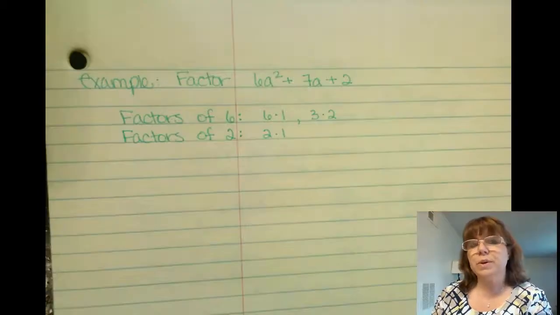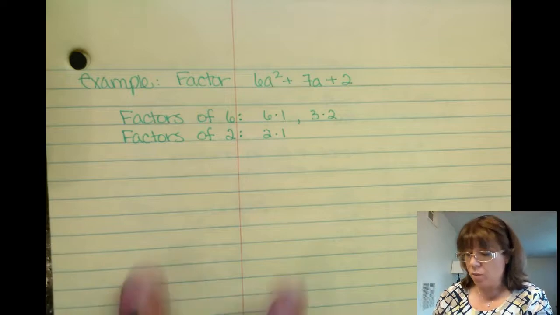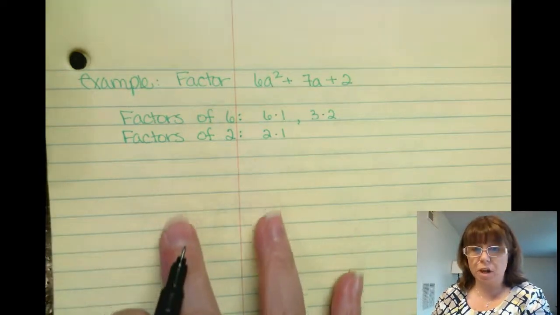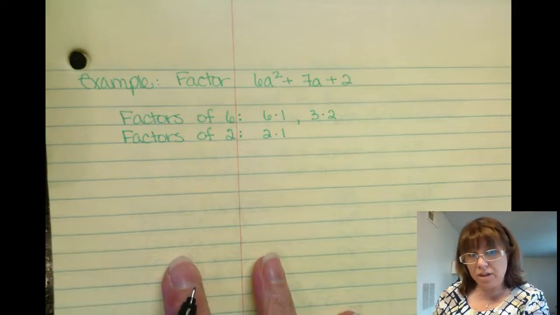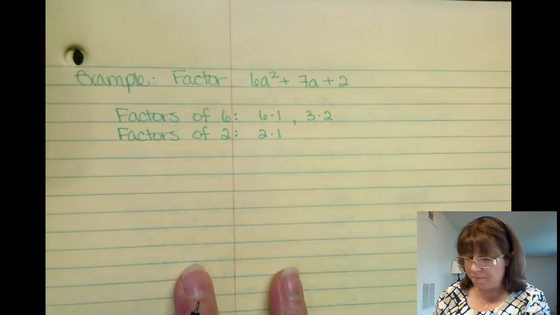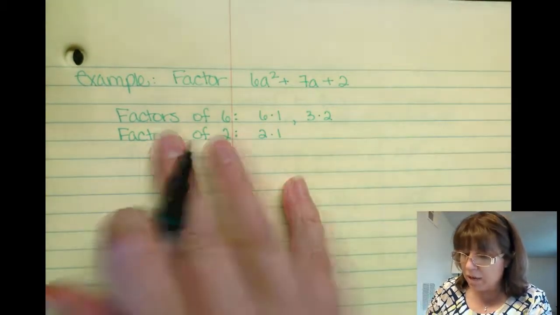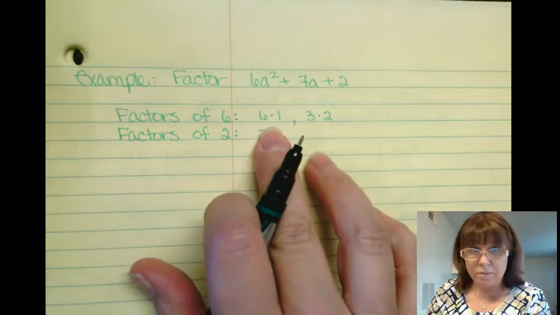So using what we know, let's factor 6a squared plus 7a plus 2. Now there's a couple ways of doing it. One is I could write down every possibility of the combinations of products. Another way is a tree method, and I'm going to use the tree method for this problem. So I've broken down the first coefficient, 6, into its factors.